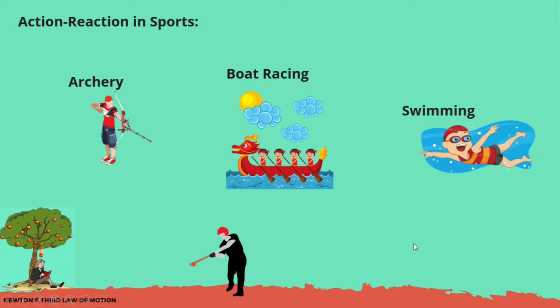So, next we have here baseball. According to Newton's third law, again, the force exerted by the bat hitting the ball will be equal in magnitude but opposite in direction of the force the ball exerts on the bat. So generally, your arms are stiff when you hit the ball forward.